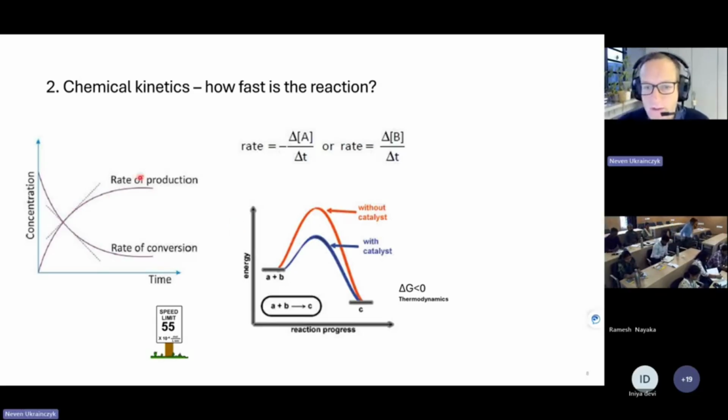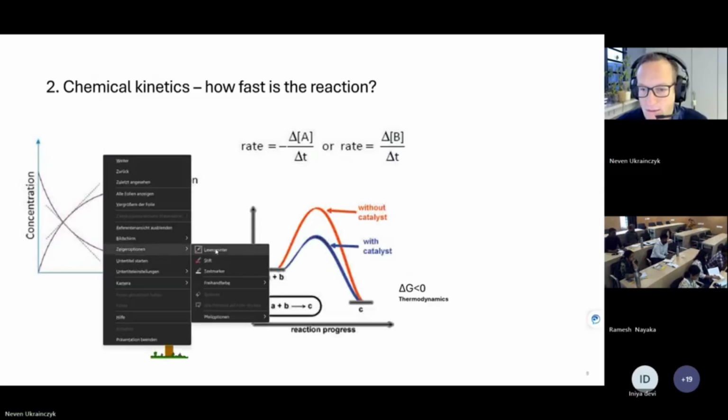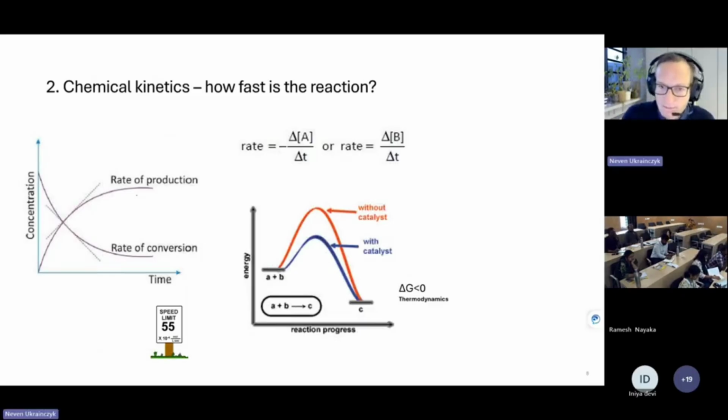So if you have, just in a solution, how fast the reactant is consumed, or how fast you have the production of a compound B. So if you have a reaction A goes to B, then this would be the concentration, how fast this concentration is consumed, the rate of conversion of A, and this would be the rate of production of B.